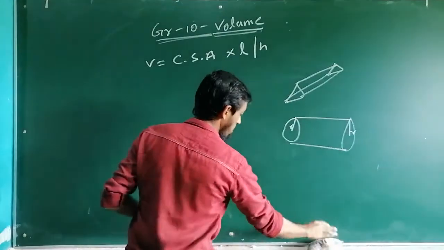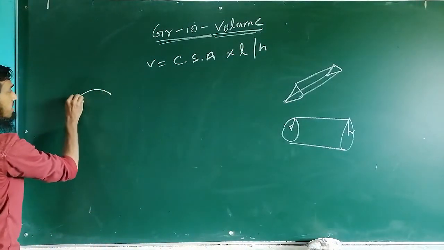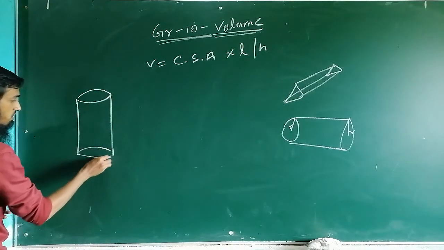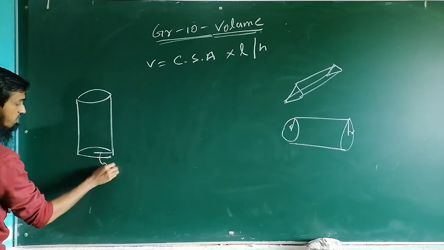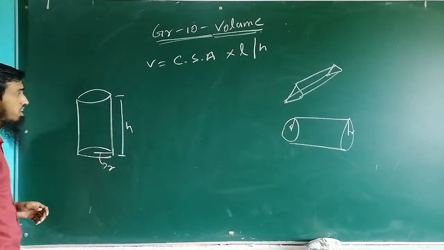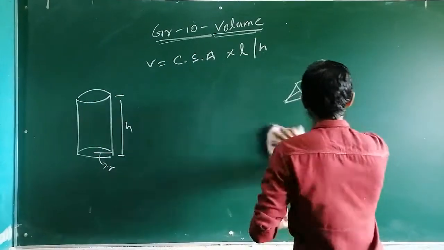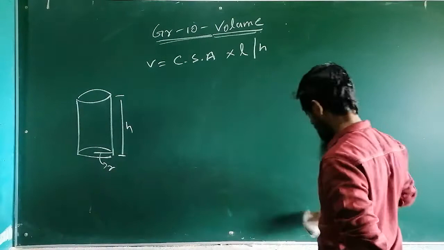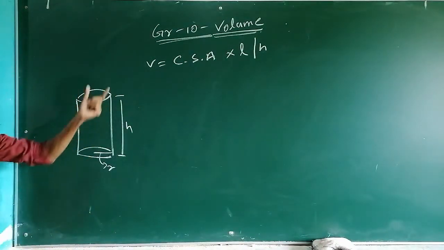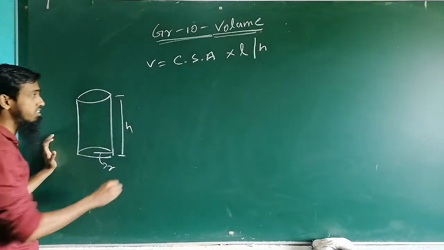Okay, so now we have two figures. We all know the cylinder with radius R and height h. If we are going to work out the equation for the volume of this cylinder, we can use the basic equation.